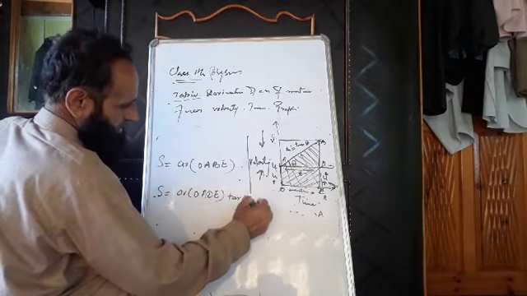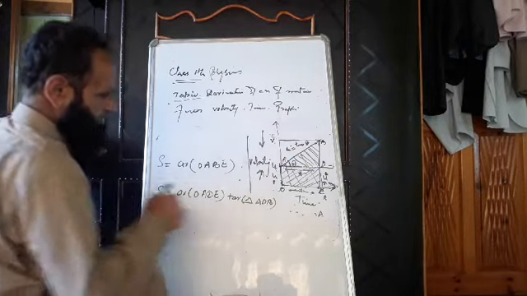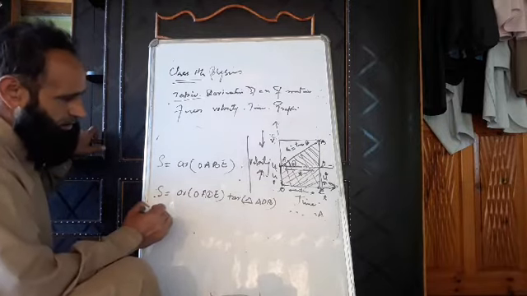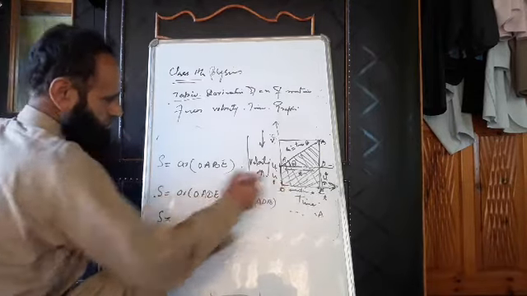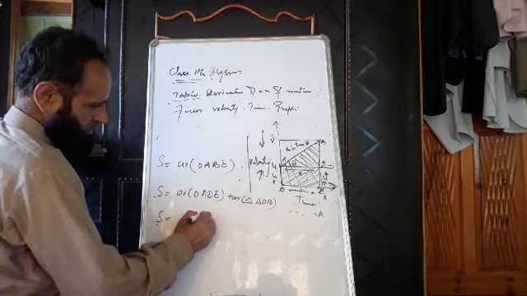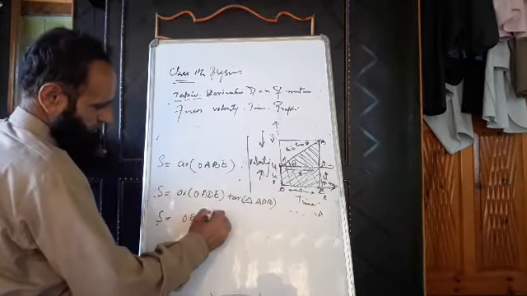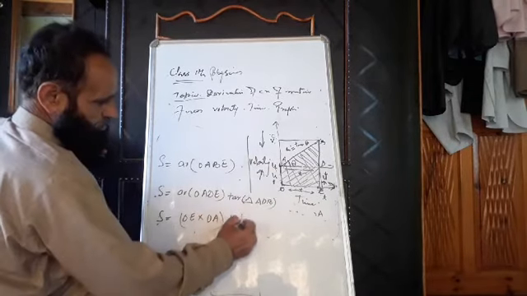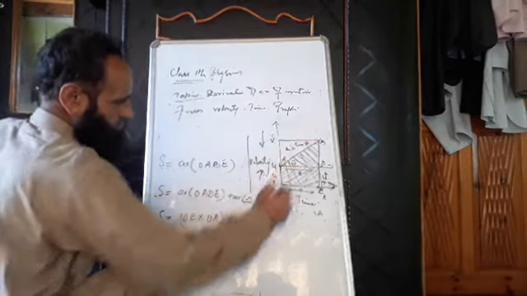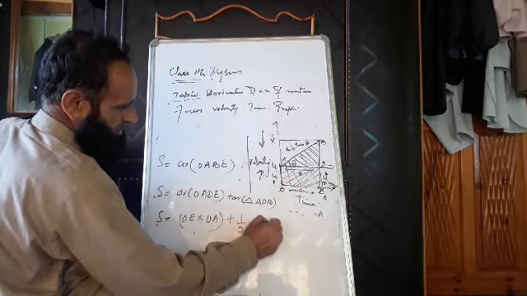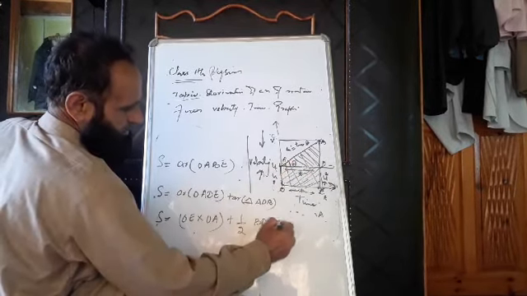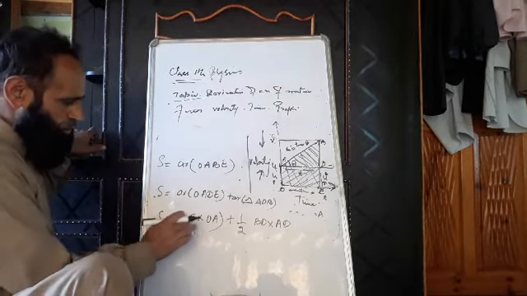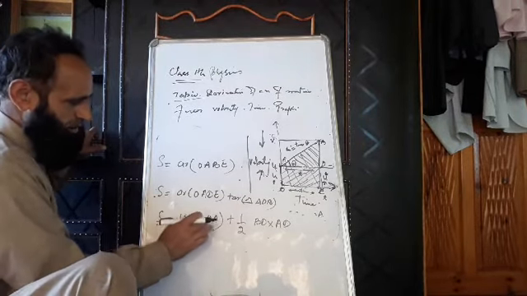For the rectangle, we can find length into breadth, that is OE into OA, plus the area of a triangle, which is 1/2 base into altitude, that is BD multiplied by AD.